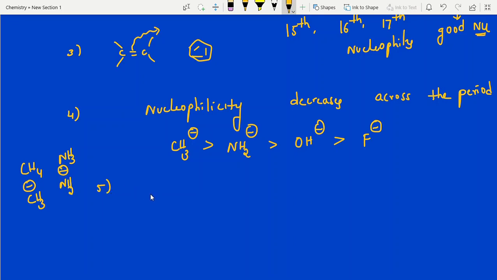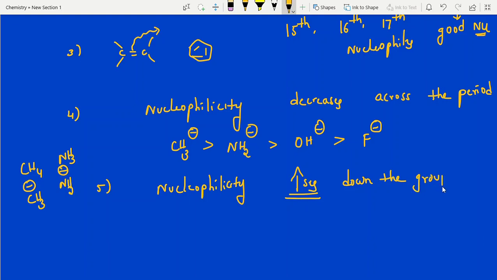Down the group, don't use a single word here. So nucleophilicity increases on moving down the group in polar protic solvents. Polar protic solvents.